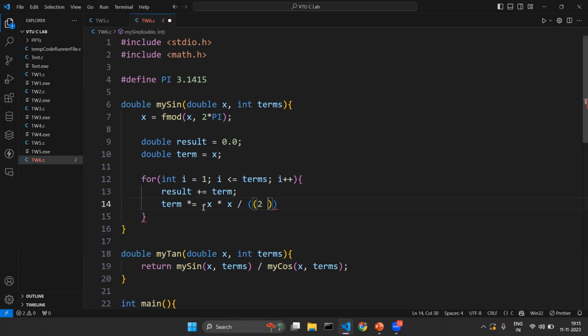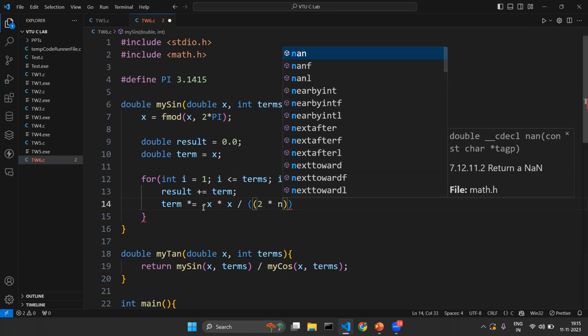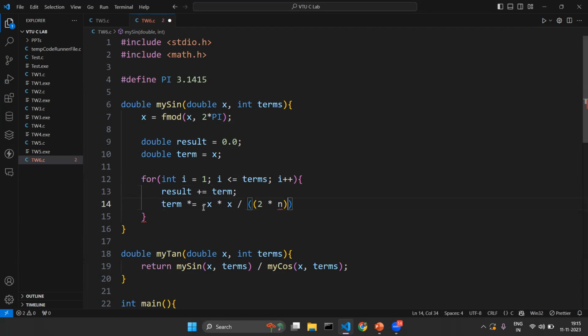I will explain this once again: 2 into n, and after that, again a multiplication of 2 into n plus 1. Here n means not exactly n, it will be i, because we are not taking any specific n number here. N comes in the formula; in the program it is i. Yes, 2 into i into 2 into i plus 1.